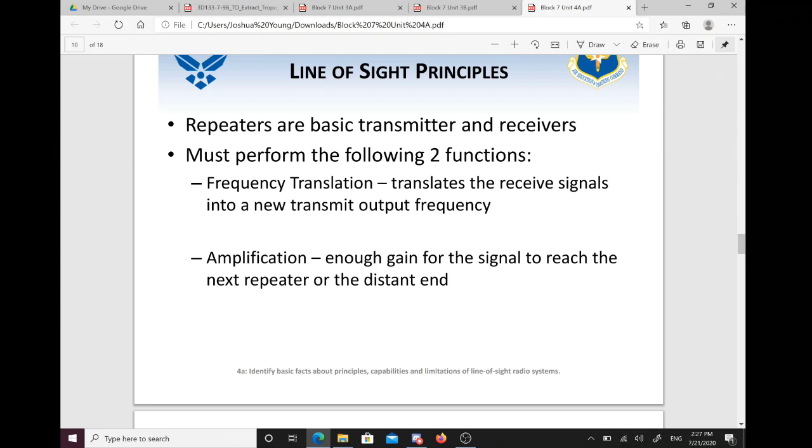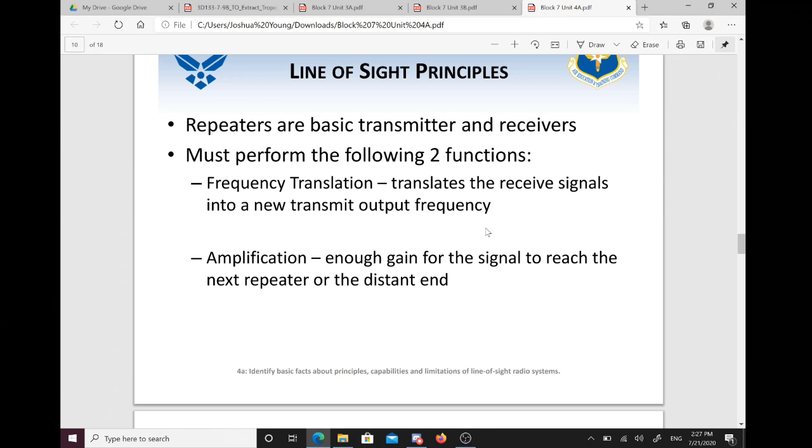Your repeaters are basic transmitters and receivers, and they must be capable of performing the following two functions. Every repeater must be capable of performing frequency translation and amplification. So the repeater must be able to receive a signal, and if it needs to be in a different band, it should be able to translate that frequency to a different band.